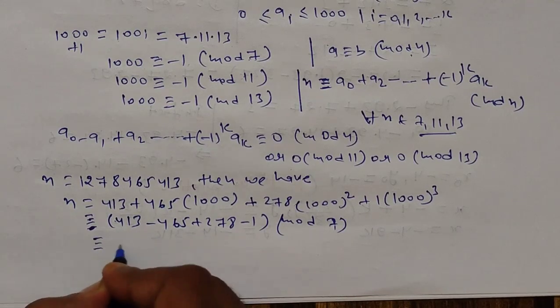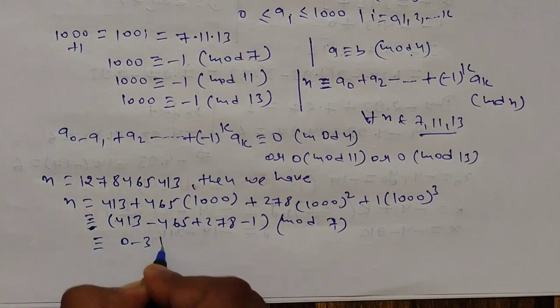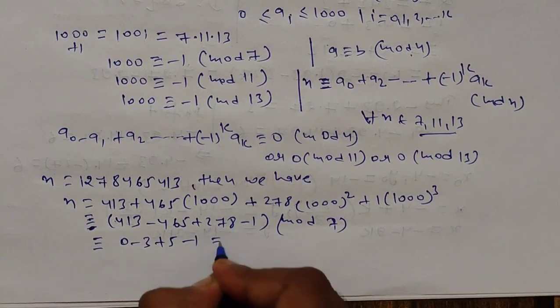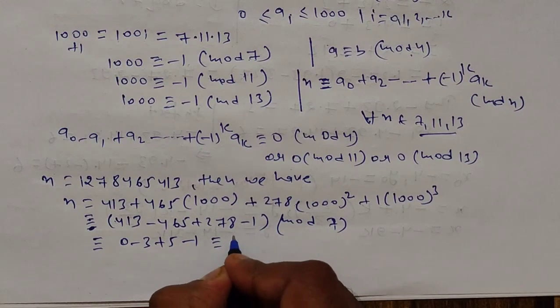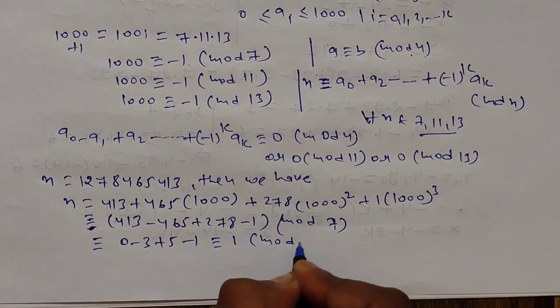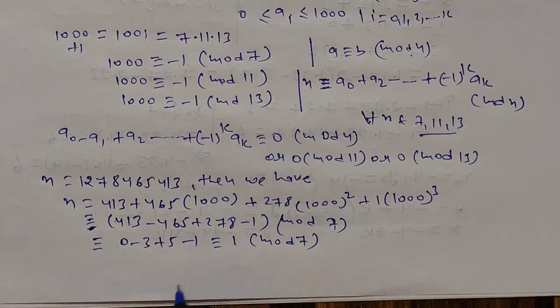This is the same as 0 minus 3 plus 5 minus 1, so this is congruent to 1 mod 7.